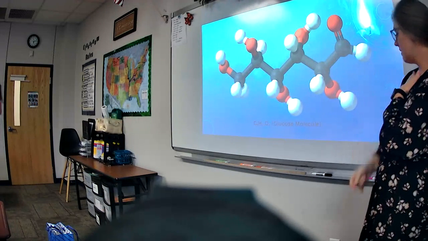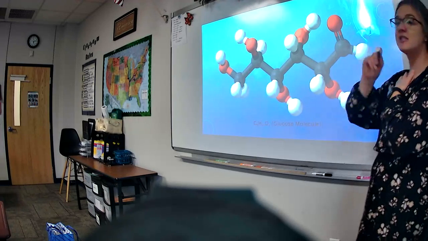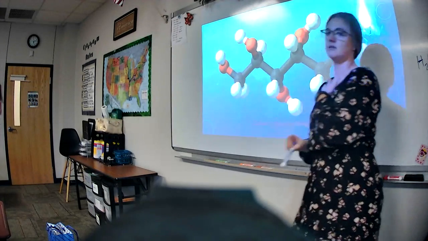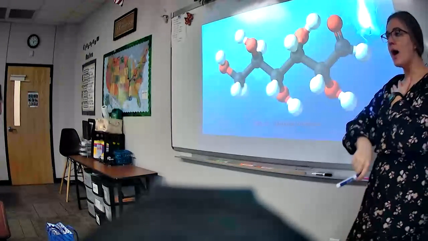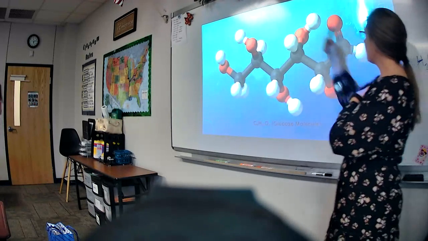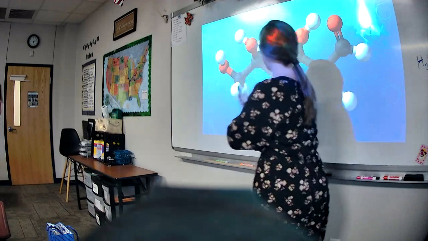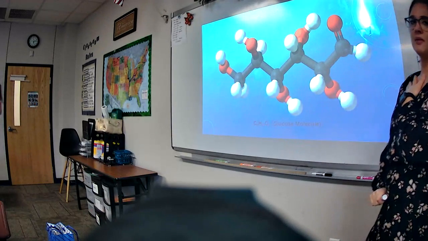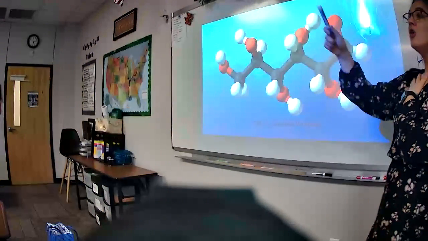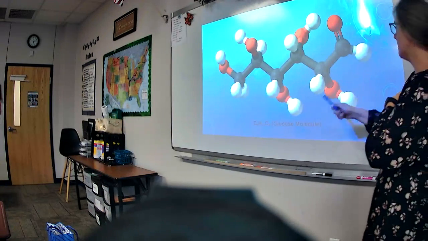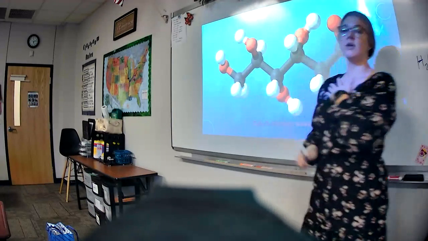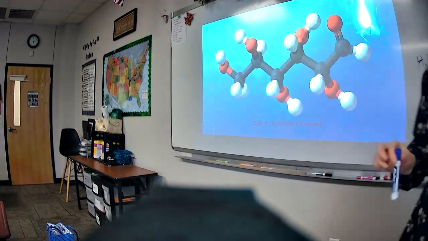I'll show you. Six carbons, C6: 1, 2, 3, 4, 5, 6. H12: 1, 2, 3, 4, 5, 6, 7, 8, 9, 10, 11, 12. O6, six oxygen: 1, 2, 3, 4, 5, 6. 24 atoms altogether.